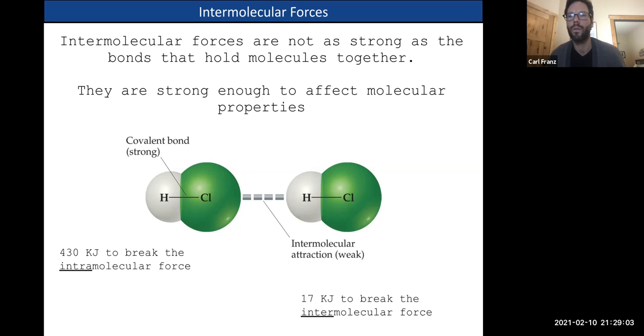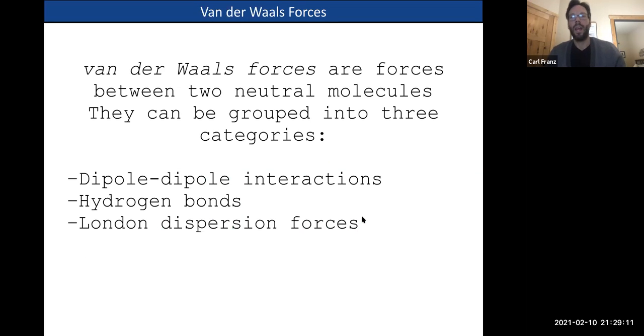So intermolecular forces are weaker than covalent bonds and ionic bonds. But then from there, we go down from dipole and hydrogen bonds to London dispersion forces. And remember, the dispersion forces are the weakest.